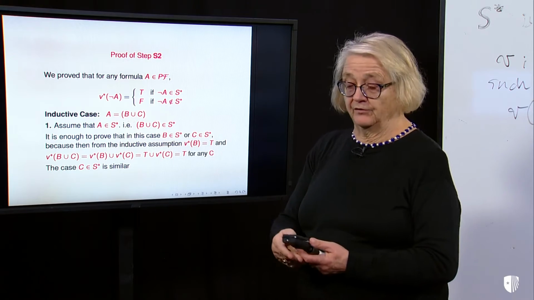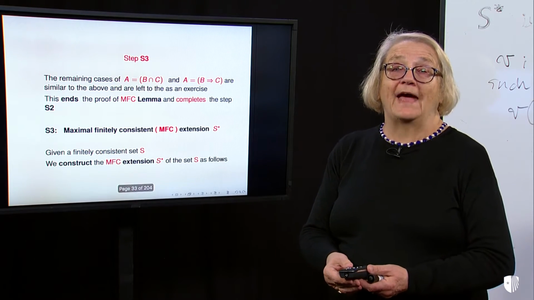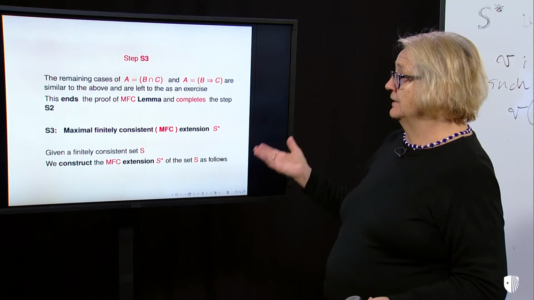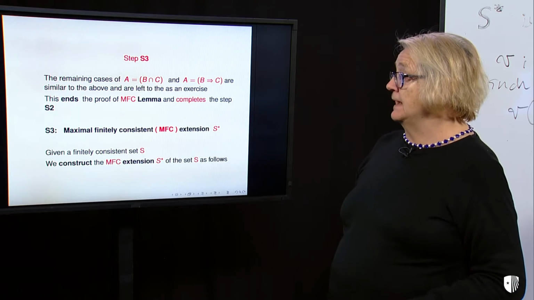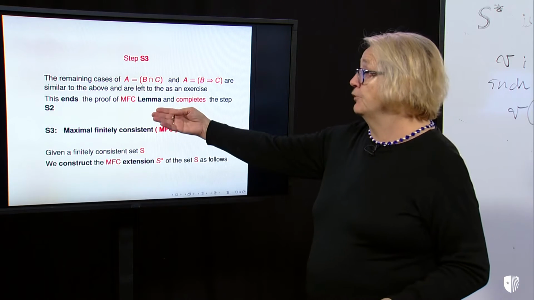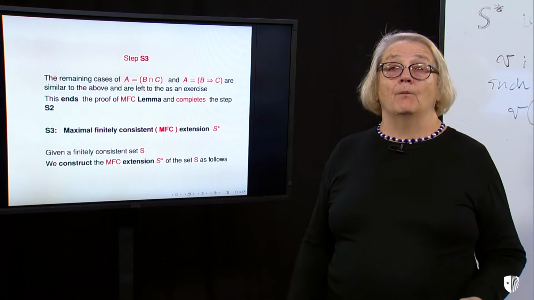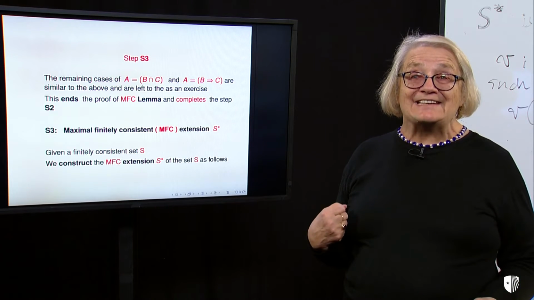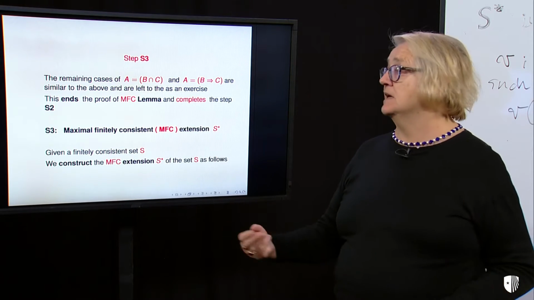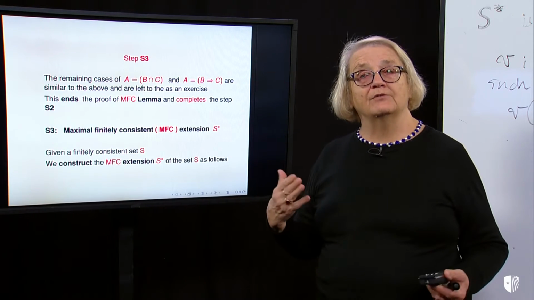So if A is B of C, you do the induction, and you prove that the lemma holds. And that completes the proof of the lemma and of step S2. Now, a maximal finitely consistent set is an extension of S. That is also something we have to prove.